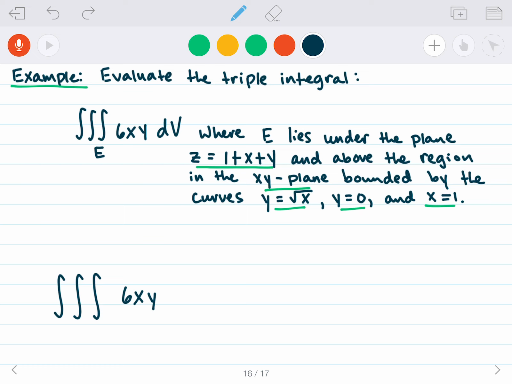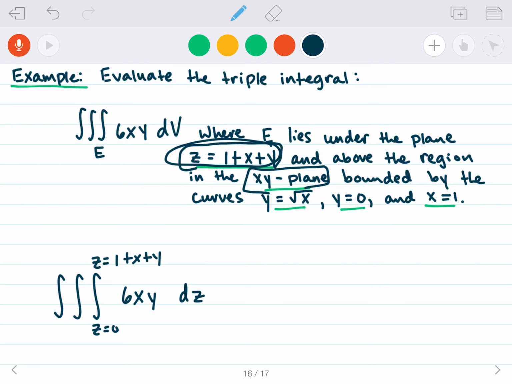So for z, it looks like my lower bound, because it's above the region in the xy plane, so the xy plane means z is equal to 0. So we're going from z equals 0 to z equals 1 plus x plus y. So that's our z. So this is going to be dz.